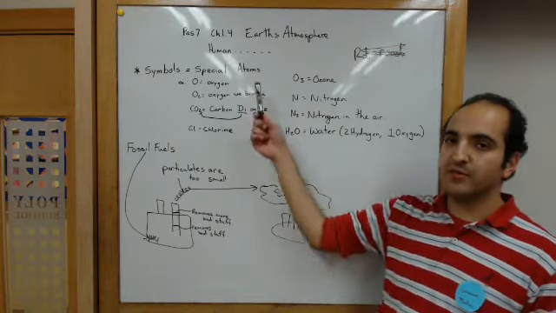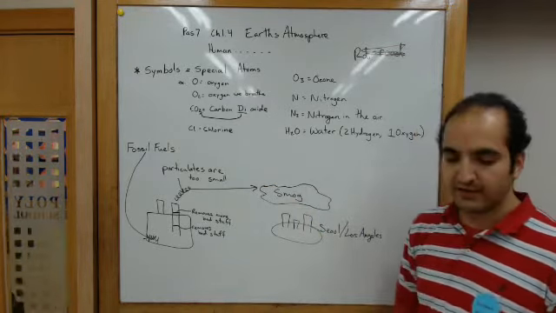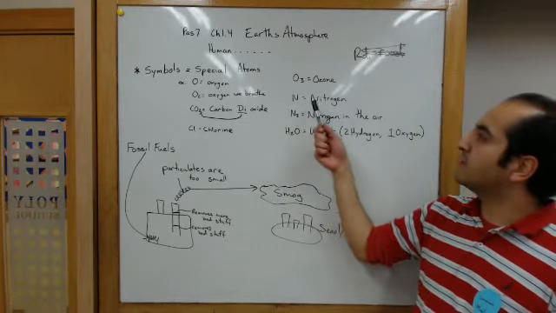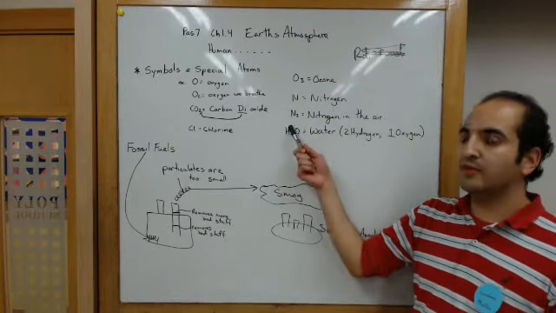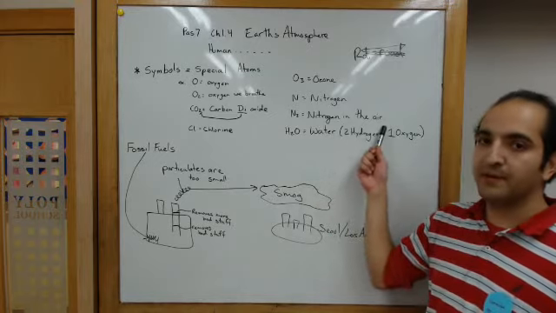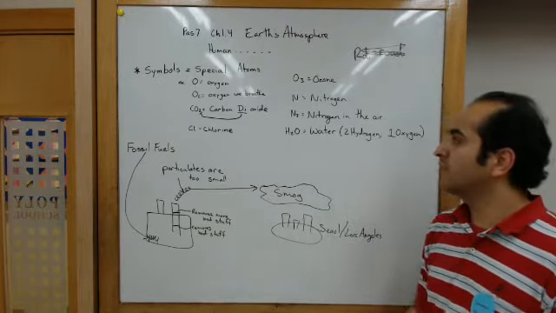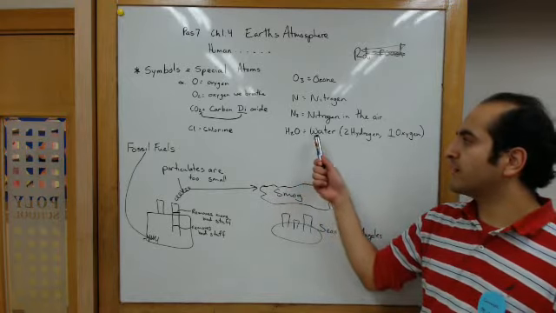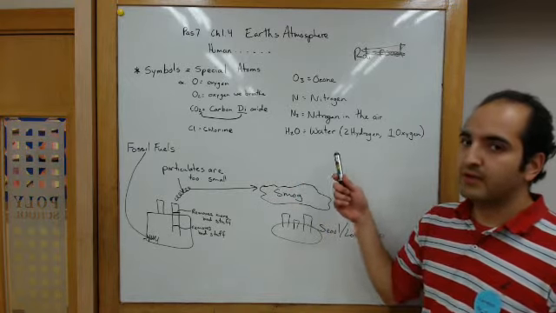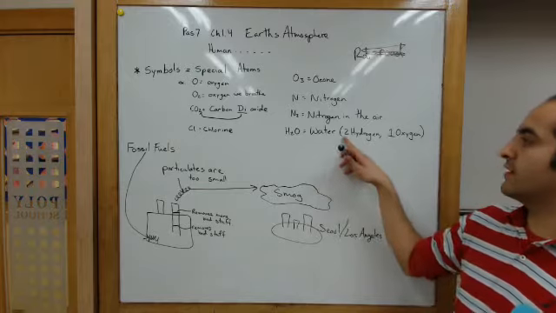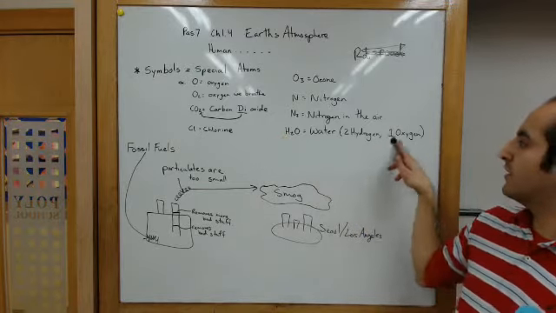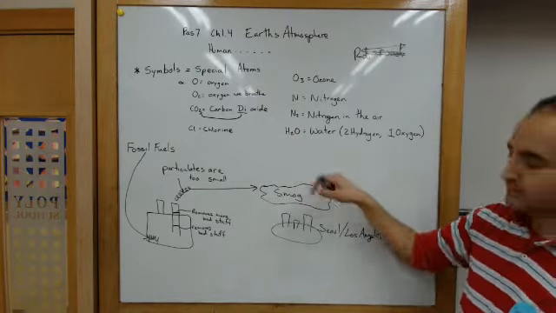And these are some special atoms that we will go over in this chapter. N means nitrogen, and N2 is the nitrogen that is in the air, part of that 78% that's in the atmosphere. And H2O is called water, but you can think of it like 2 hydrogen and 1 oxygen.